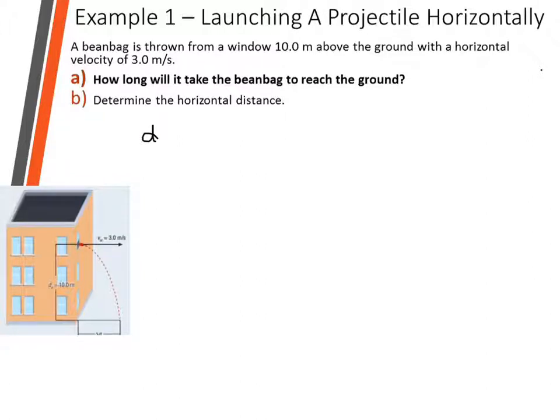So we know our delta D is 10 meters. And we know our Vx is 3 meters per second.